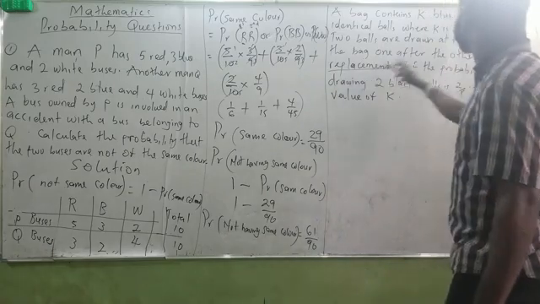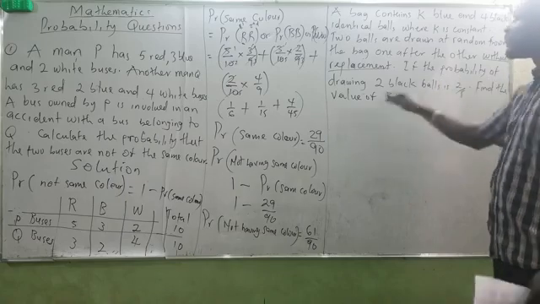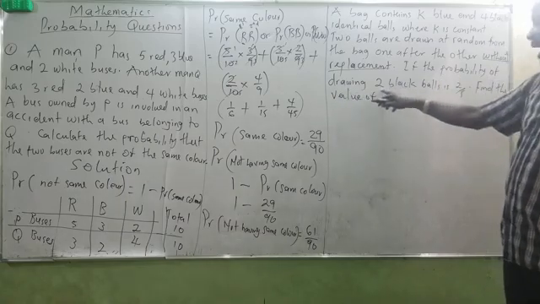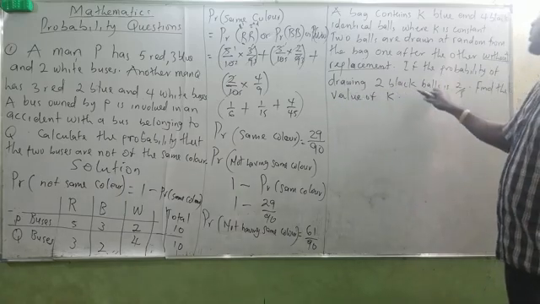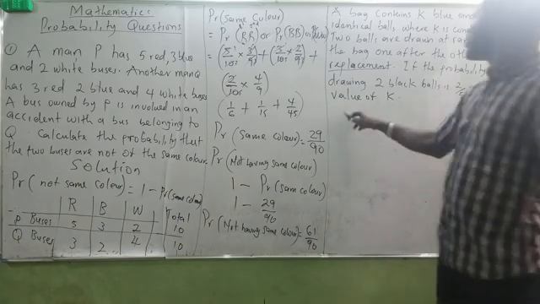Because this statement is very, very important. If the probability of drawing 2 black balls is 2 all over 5, find the value of K.